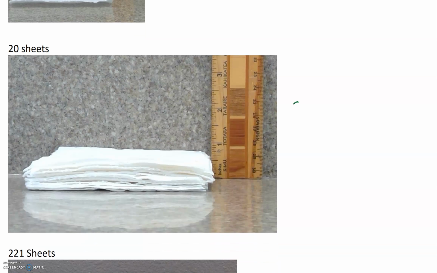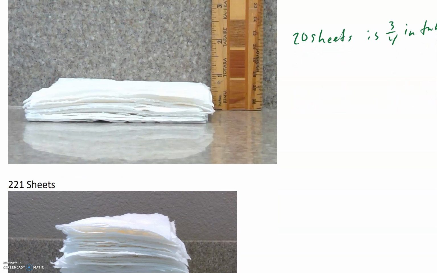We said 20 sheets is 3/4 of an inch tall. Okay. So 221 sheets, what I noticed is, if you take this shape right here, I'm not doing this very good.